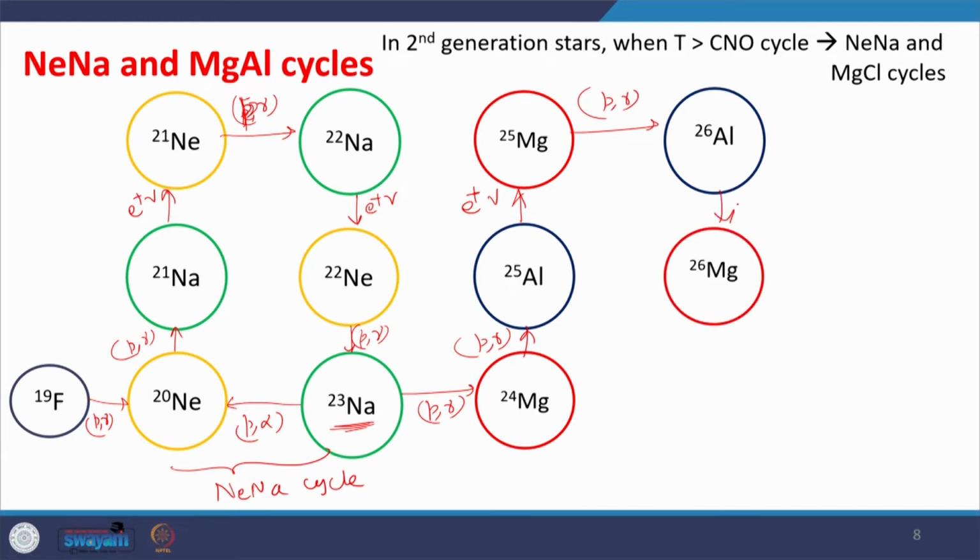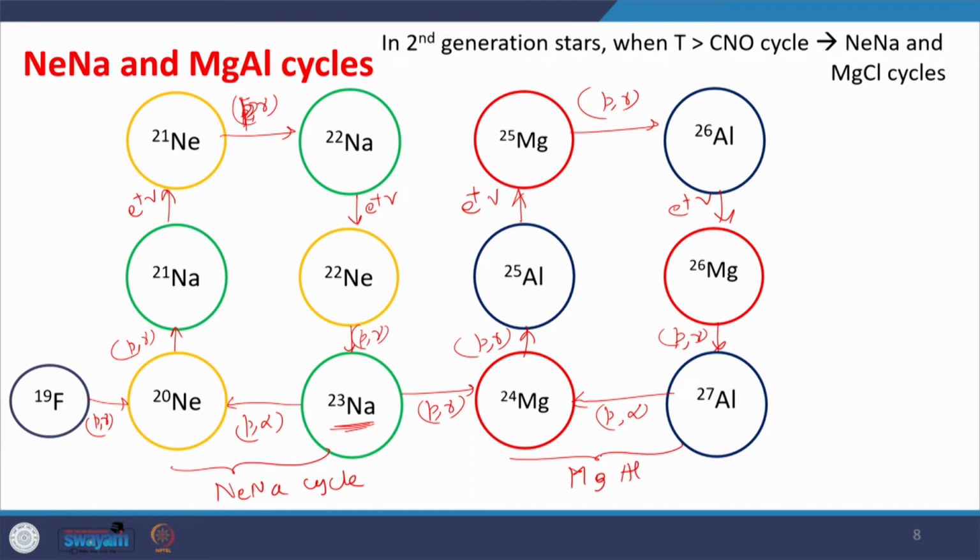This can produce Mg 26 via positron decay, and Mg 26 can undergo a P gamma reaction to produce aluminum 27, and this aluminum 27 can undergo a P alpha reaction to produce 24 Mg, and this cycle is called the Mg-Al cycle, starting with Mg and ending with Al.